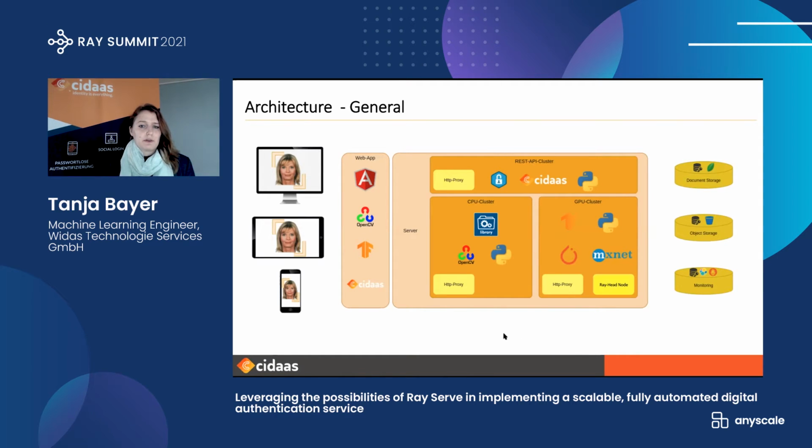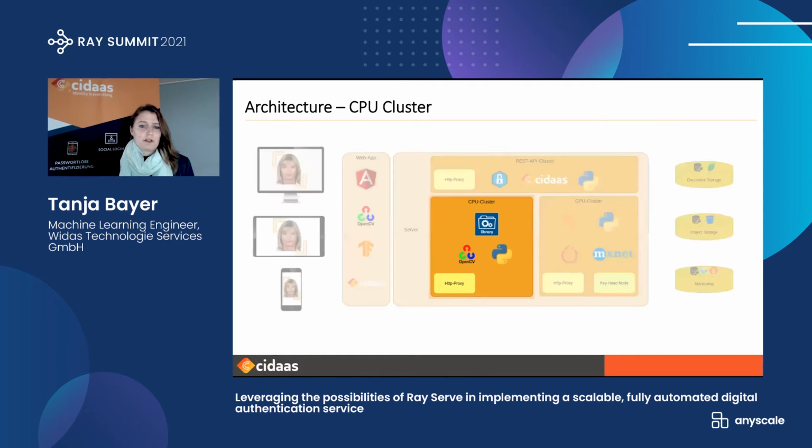Let's have a closer look at the different parts of our cluster. The CPU cluster runs mainly computer vision algorithms and also does some pre-processing for the data which we require for our machine learning models.